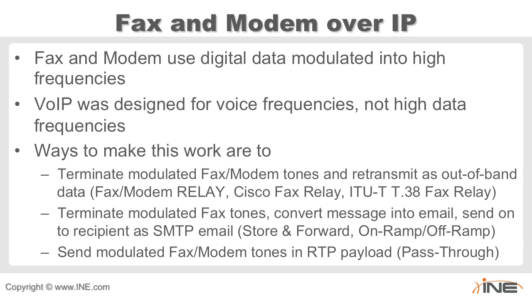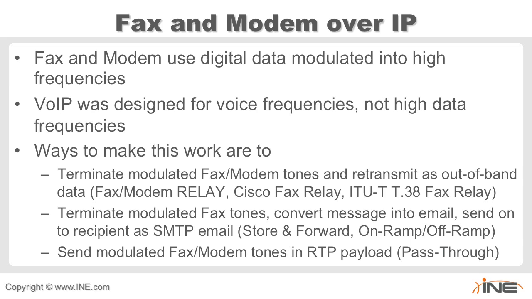Because these routers can hear it, one way is to terminate this, convert it into reliable ones and zeros, and send it as relay. This is called fax or modem relay, and there are a few different kinds. There's the Cisco proprietary fax relay, and there's also the ITU-T fax relay called T.38.